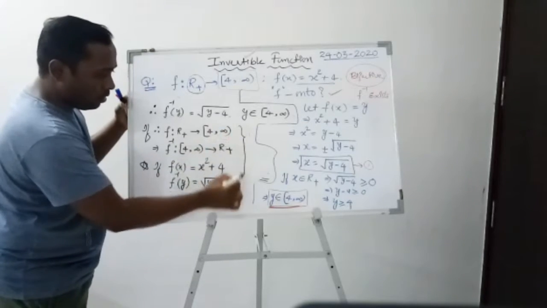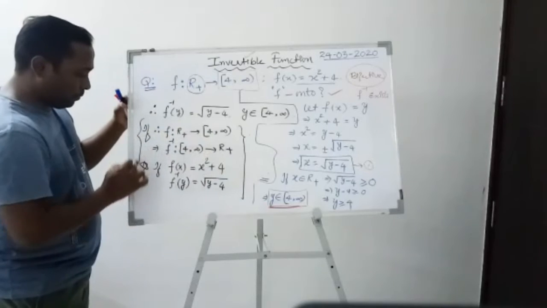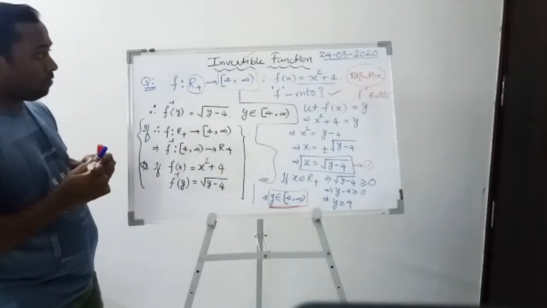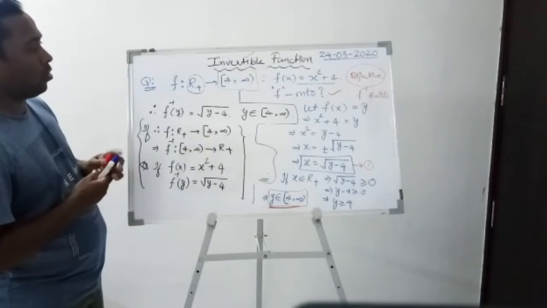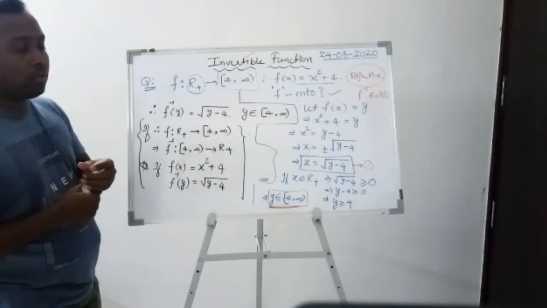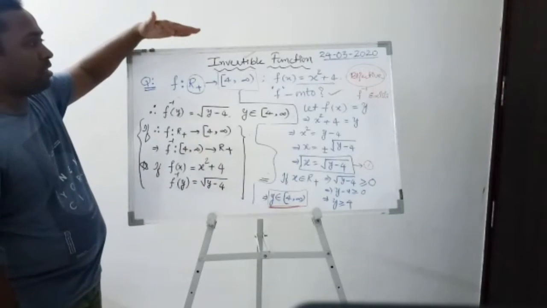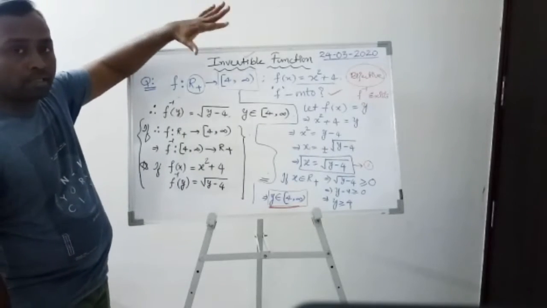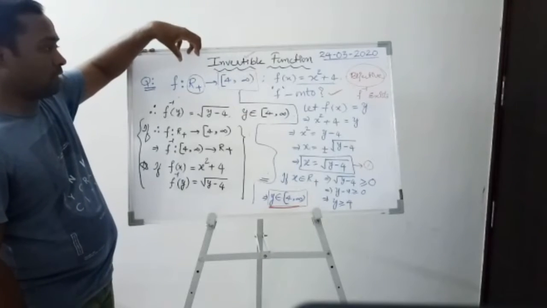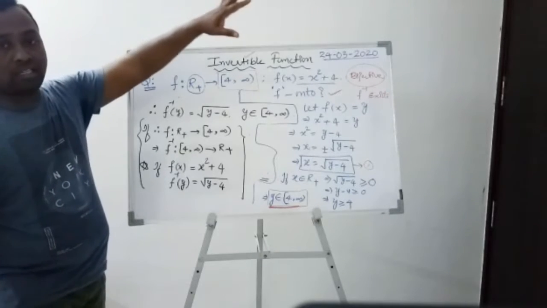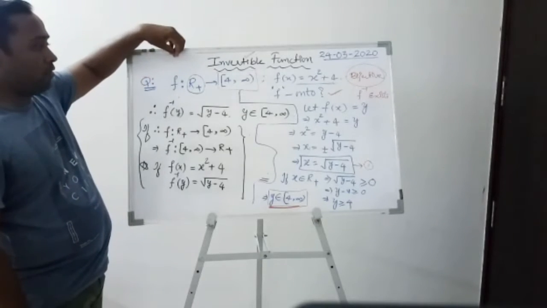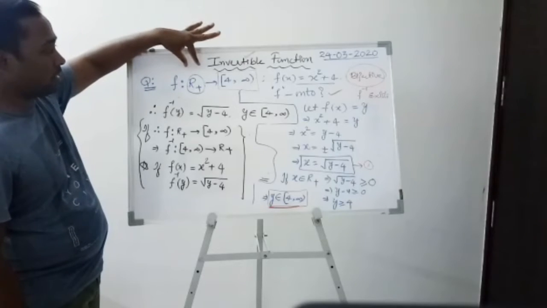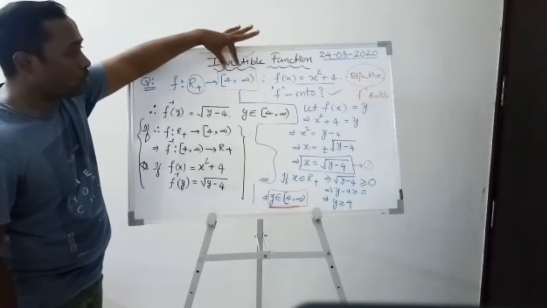So this is the actual concept to find whether the function is invertible or not. So I repeat in short, to check whether the function is invertible or not, there are two different methods we have. The first method is the bijective method. First we'll take the function properly, write its function from domain to codomain.